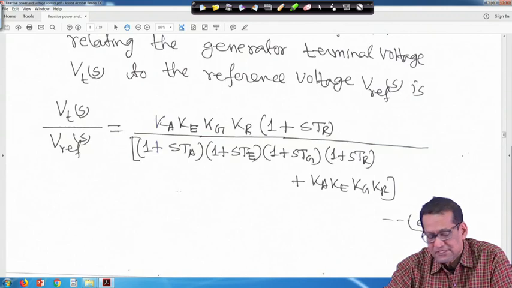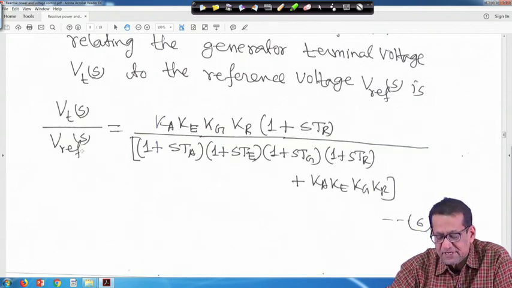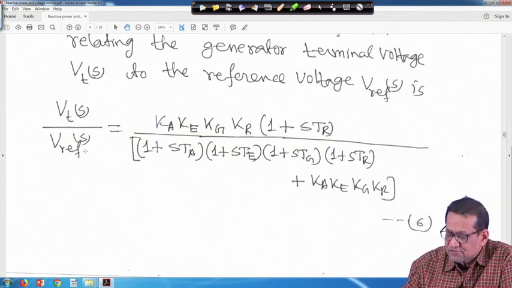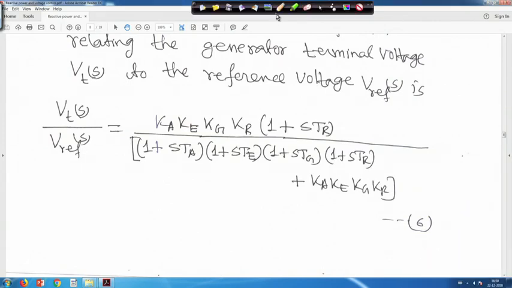So, if you put V reference is equal to 1 upon S and make S tends to 0, this term is gone, this is gone, this is gone and this is gone.